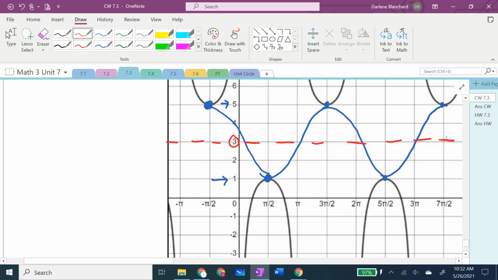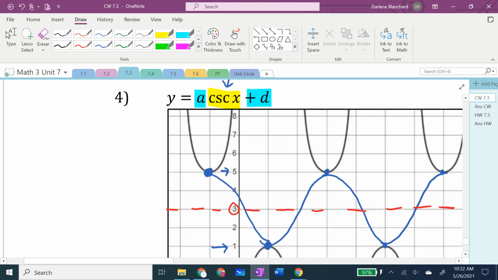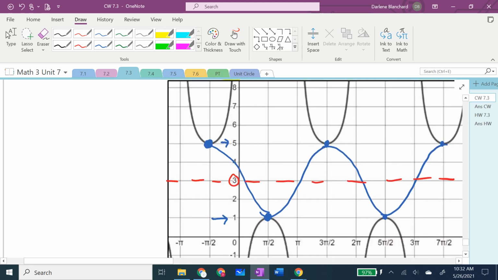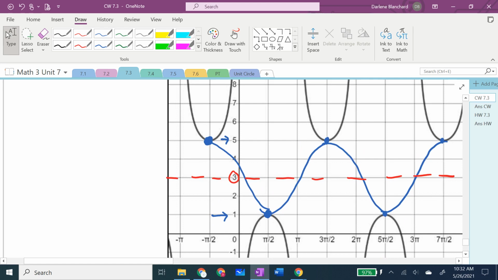And to get that midline, I have to move the function up 3 units. And that is exactly what I'm doing to the cosecant graph. For this sine graph here, now that I know a little bit more, I'm going to bring in some extra points to make it a little bit more accurate.